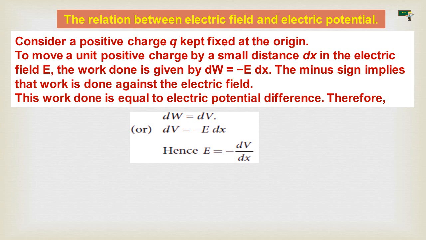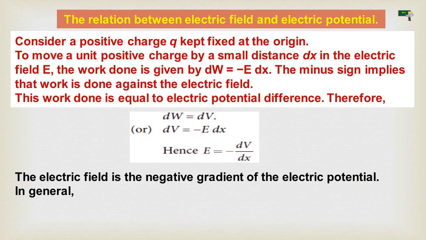Hence, if you take E on the left hand side, then you can put dV divided by dx. Therefore, E is equal to minus dV by dx. Then the electric field is the negative gradient of the electric potential, that we know from this point.